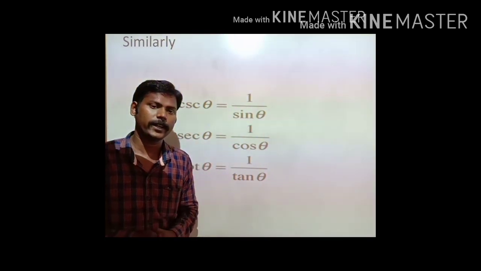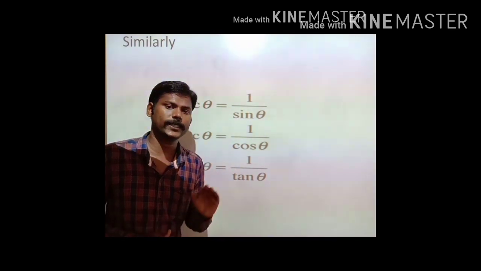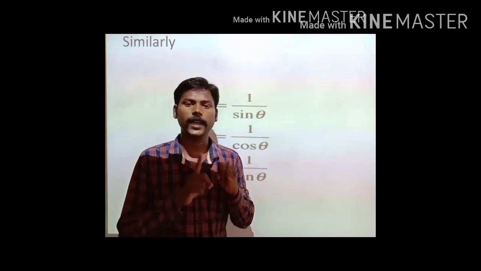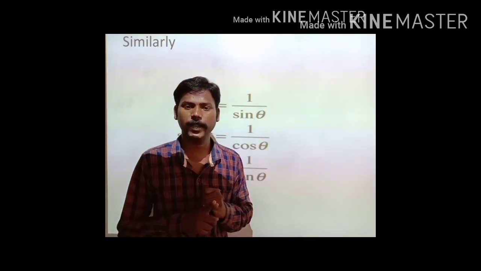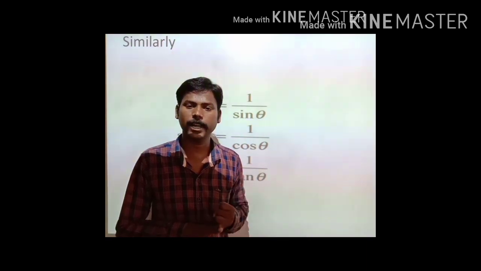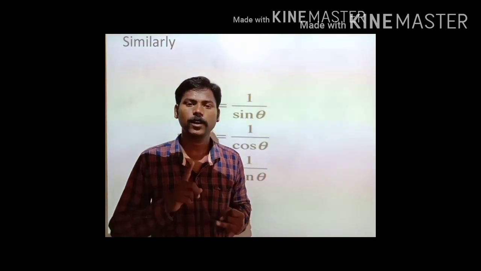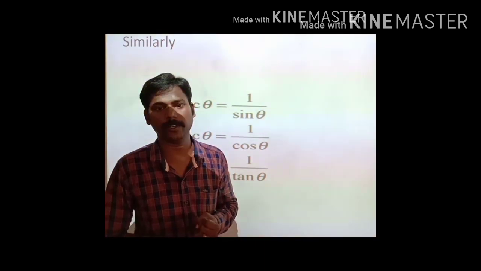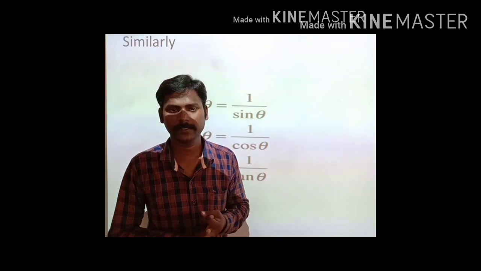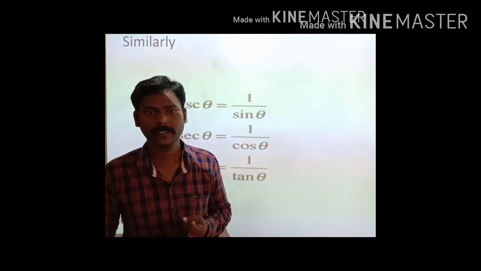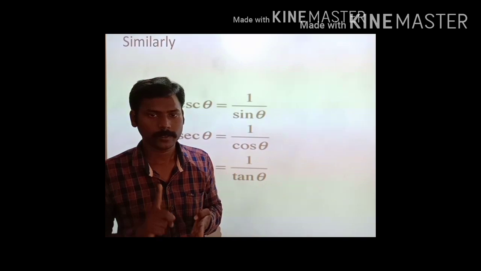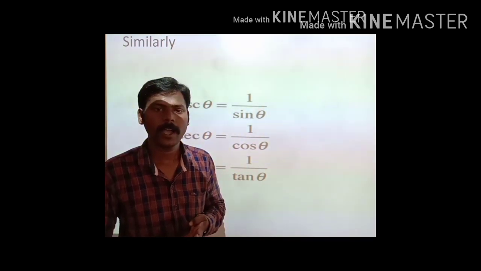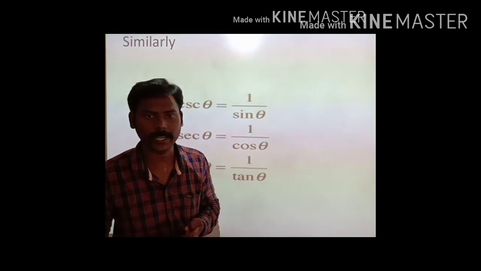Total how many trigonometric ratios? 6 trigonometric ratios. What are they? One by one, remember. Sin theta means opposite side by hypotenuse. Cos theta means base by hypotenuse. Tan theta means opposite side by base. Cosecant theta means 1 by sin theta or hypotenuse by opposite side.